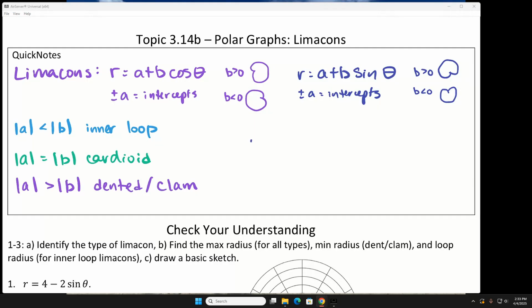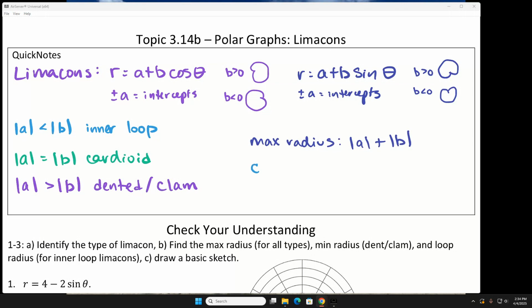All right, and each one of these is going to have a maximum radius. That's going to be the fat part from the origin or the pole. The max radius is formed by taking the absolute value of a and adding the absolute value of b to it.